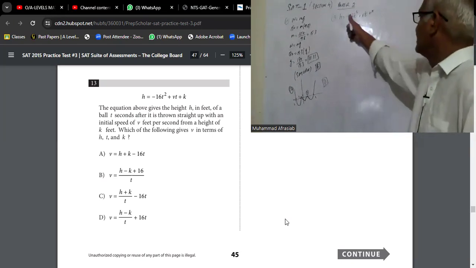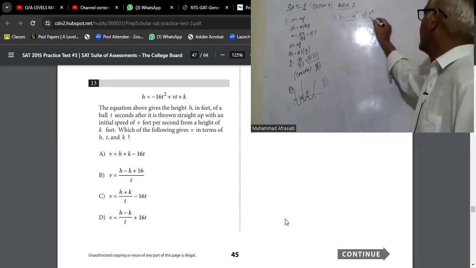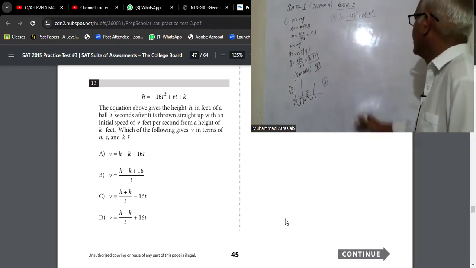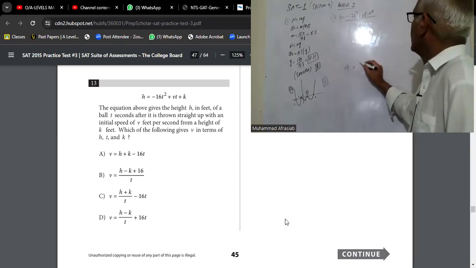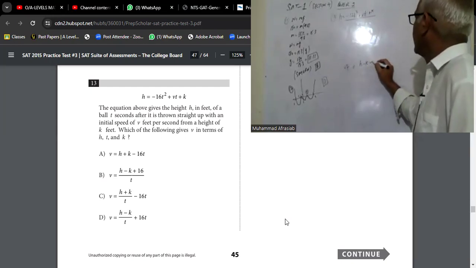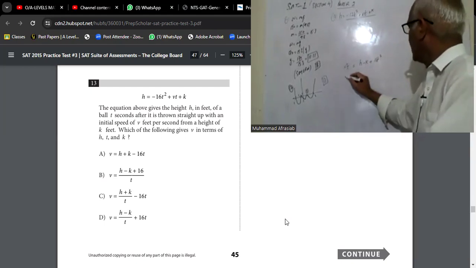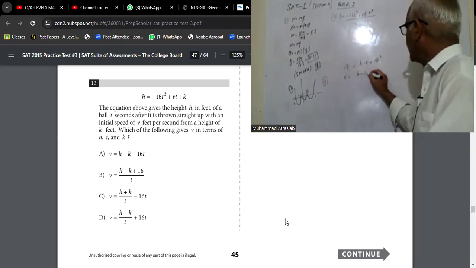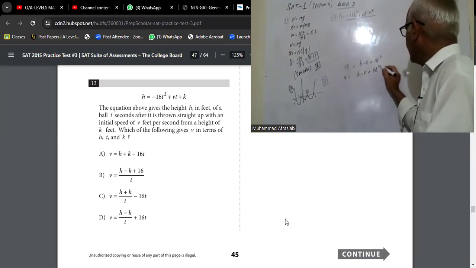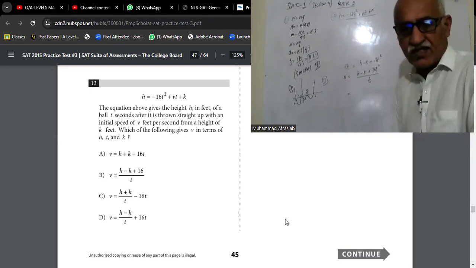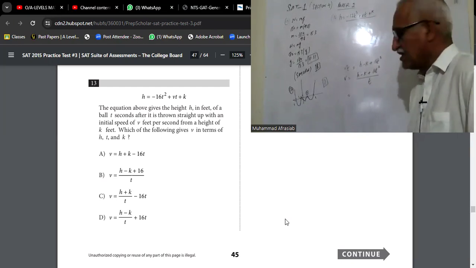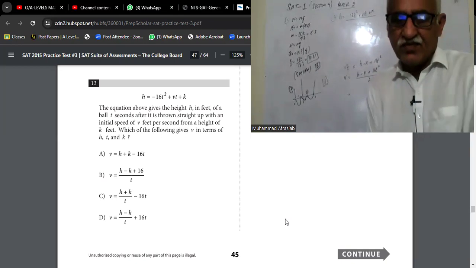So we know that H is equal to minus 16T square plus Vt plus K. So Vt is equal to H minus K plus 16T square, or V is equal to H minus K plus 16T square, divided by T. Now you have to look at the choices. A is not there.